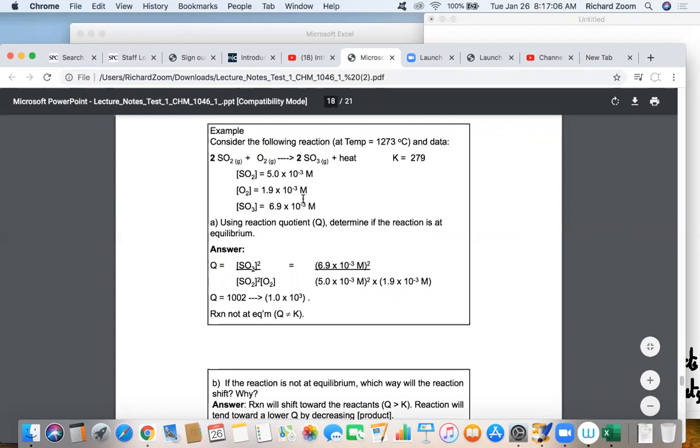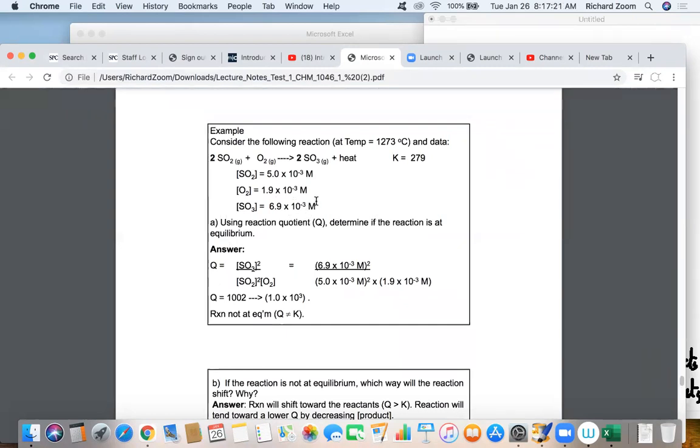We're also given a whole bunch of concentrations, and these are the ones here. So these concentrations are just random concentrations of what's in the reaction at a given time, and that's our data.